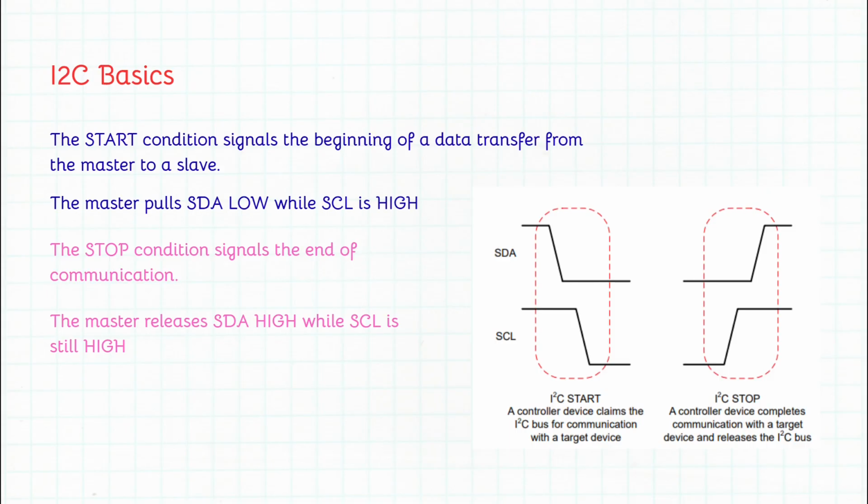For the start, SDA goes from high to low and SCL also goes from high to low. Then only is the start signal there, and when both go from low to high at the same time, then it is the stop signal. So this is all about how the protocol starts to communicate. Here are the waveforms, you can refer to them.